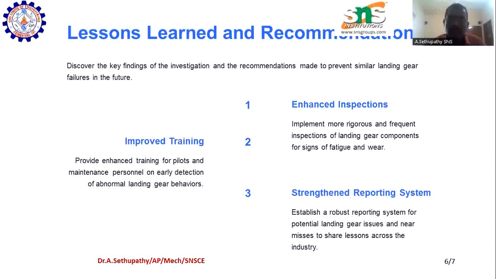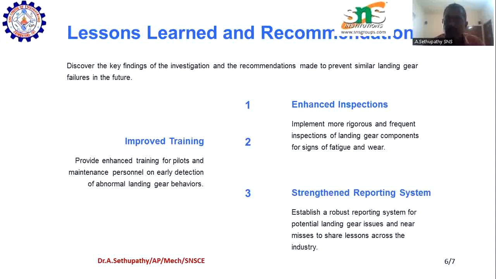Lessons learned and recommendations. What are the lessons learned from this failure? Discover the key findings of the investigation and the recommendations made to prevent similar landing system failures in the future. Improve training: provide enhanced training for pilots and maintenance personnel on early detection of abnormal landing gear behaviors. Number one, enhanced inspections: implement more rigorous and frequent inspections of landing gear components for signs of fatigue and wear.